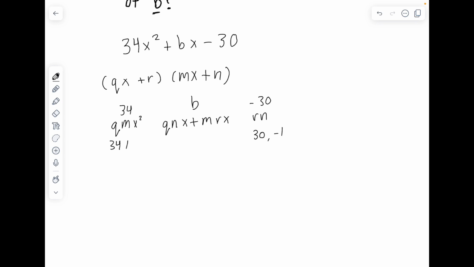So now if you go back to b and we have all our stated variables, we can see that q times n is negative 1, but then m times r, that's 1020. So you can try the numbers if you want, but this is going to be our greatest possible integer value of b.